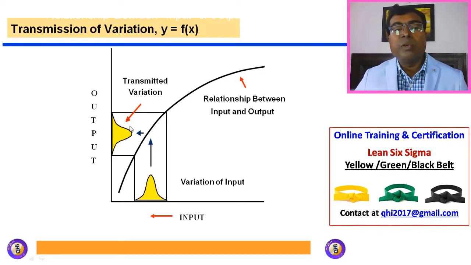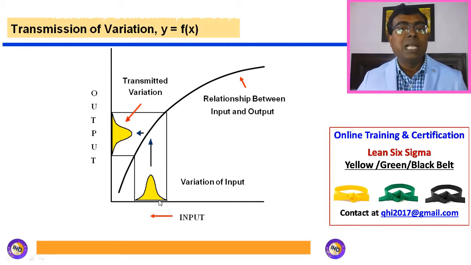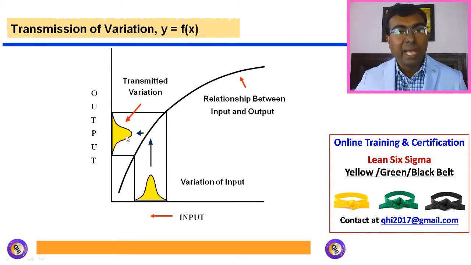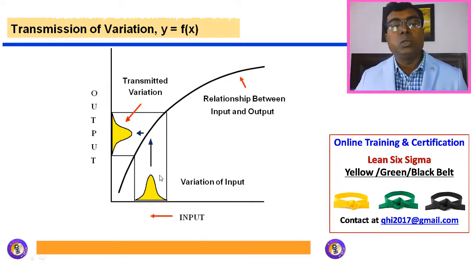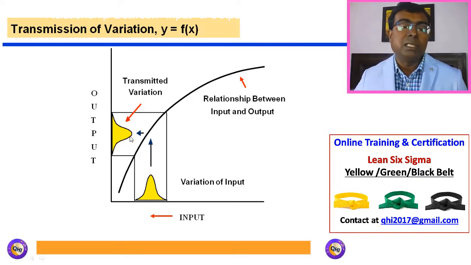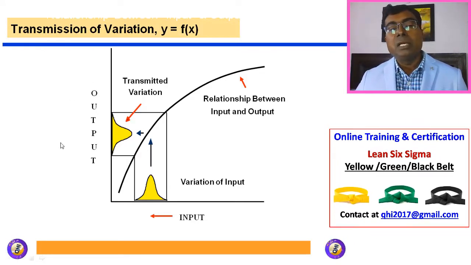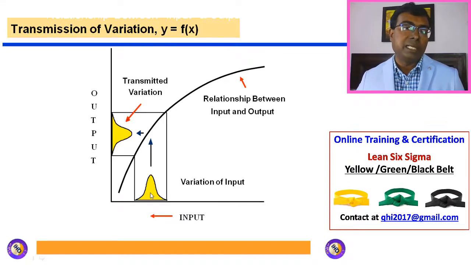That means your variation in the output will always be at least the size of the input, or it can be higher even, because all of the variation from the input is going to get translated into output, and your process is also going to contribute some amount of variation. So your output variation is bound to be at least equal to or higher than the input variation.